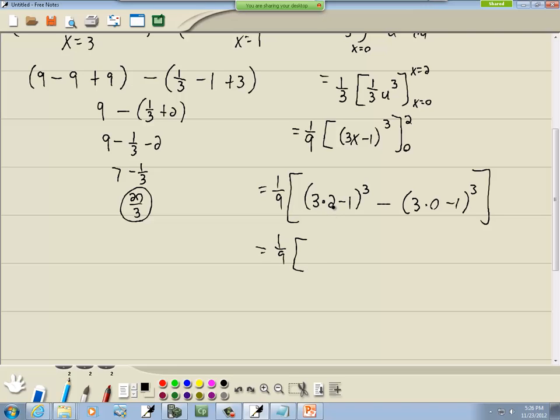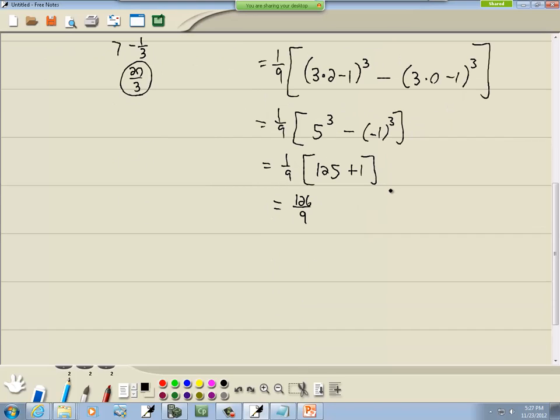Well, 3 times 2 is 6, minus 1 is 5, so we've got 5 to the third, minus 3 times 0 is 0, minus 1 is negative 1, so we got negative 1 to the third. Which gives us 1/9. 5 to the third is 125. Negative 1 to the third is negative 1, with a negative out in front becomes a positive 1. 125 plus 1 is 126, so we got 126 over 9.